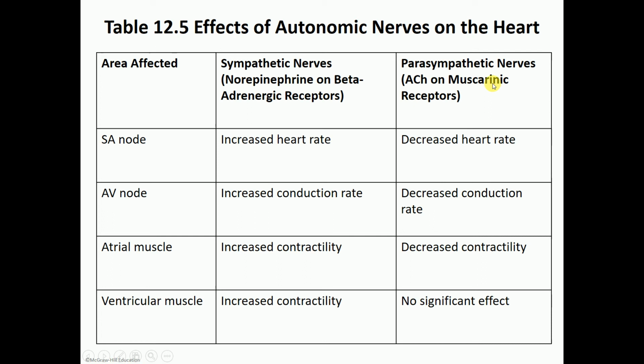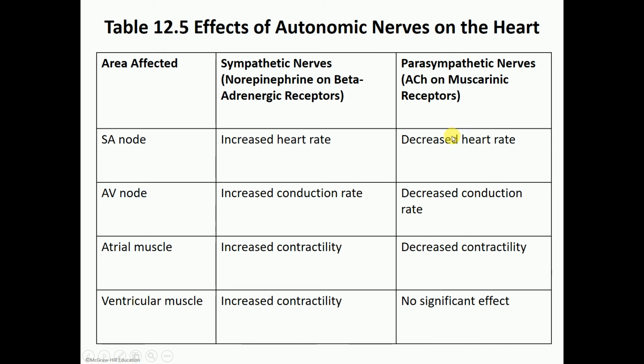The parasympathetic nerves, on the other hand, are cholinergic fibers, so they release acetylcholine as their neurotransmitter, and the receptors on the heart are muscarinic cholinergic receptors. Remember, parasympathetic does innervate the SA node, AV node, and the atrium a little bit, but there are no parasympathetic fibers reaching the ventricles.